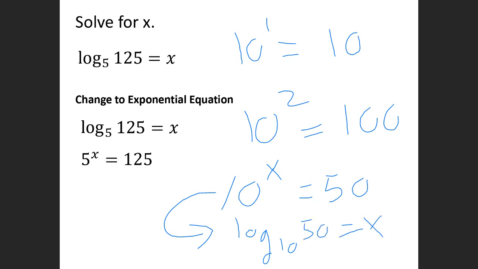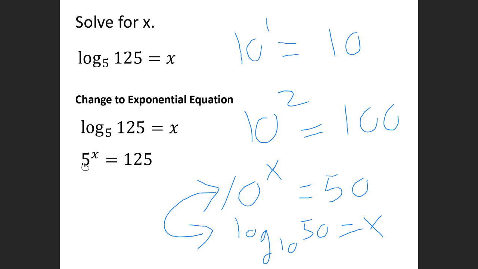By the way, I should have drawn this arrow both ways because it can go back and forth. Not only can we go from an exponential function to a log function, we can also go from a log function to an exponential function, which is exactly what we did in this problem. We had log base 5 of 125.